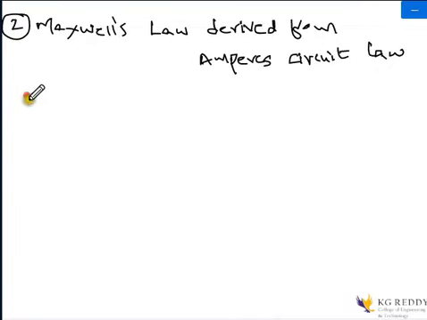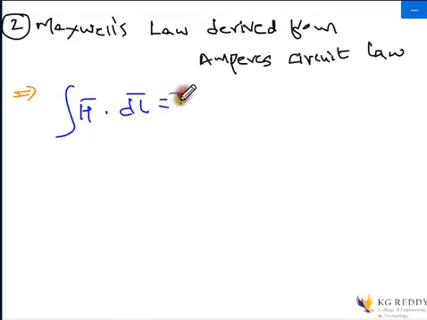In the second one, there is one more Maxwell's equation, which is derived from Ampere's circuit law. We derived this equation earlier in our lectures: integration of h bar dot dl is equal to I. This is from Ampere's circuit law.